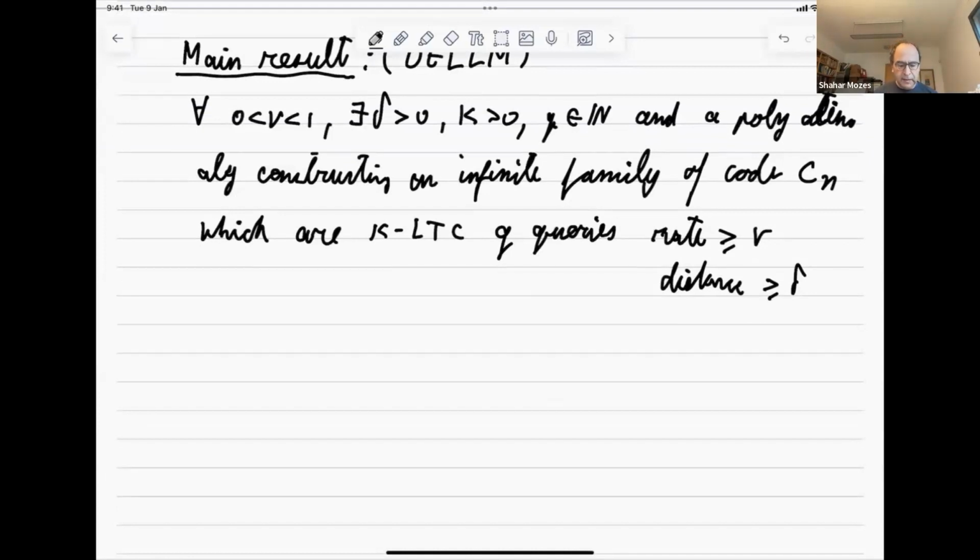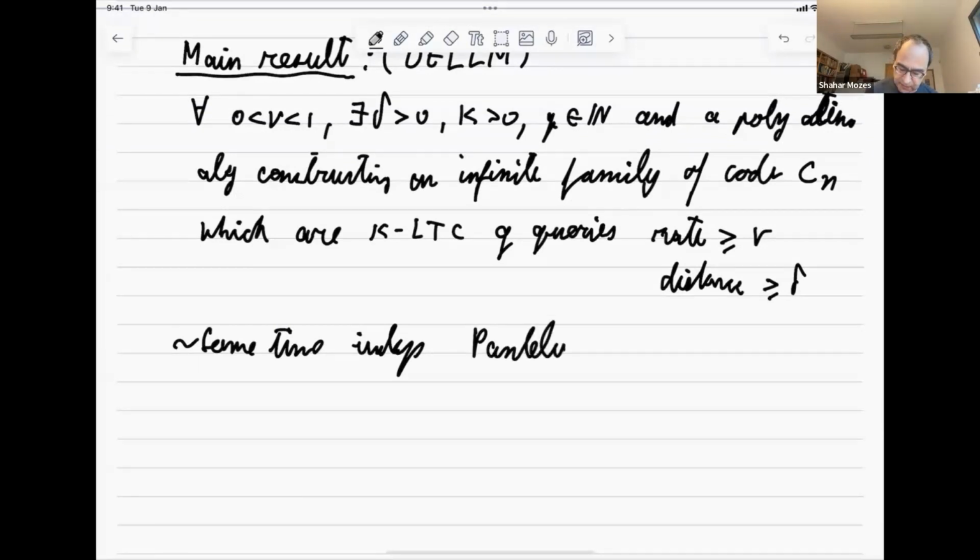So that's the result. These were the first constructions, and independently, at roughly the same time, there was a very similar construction by Panteleev and Kalachev.